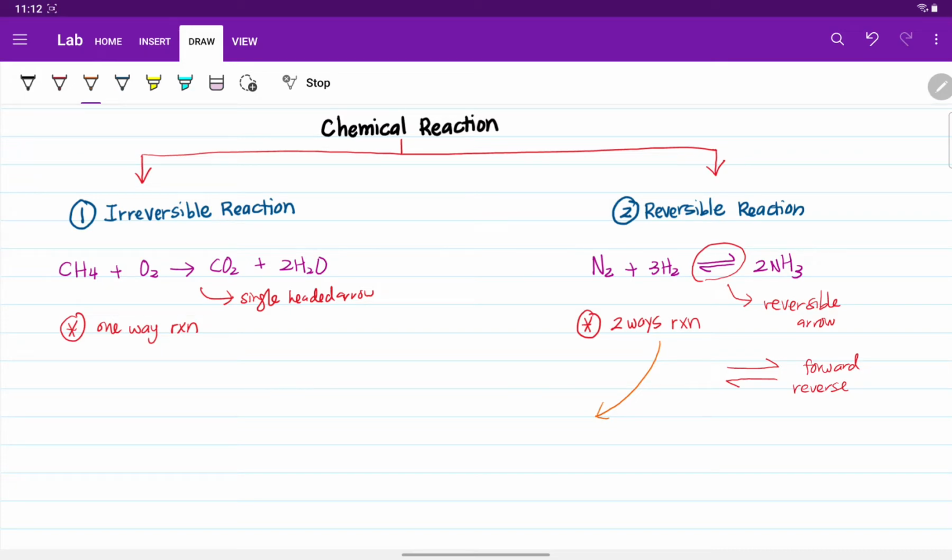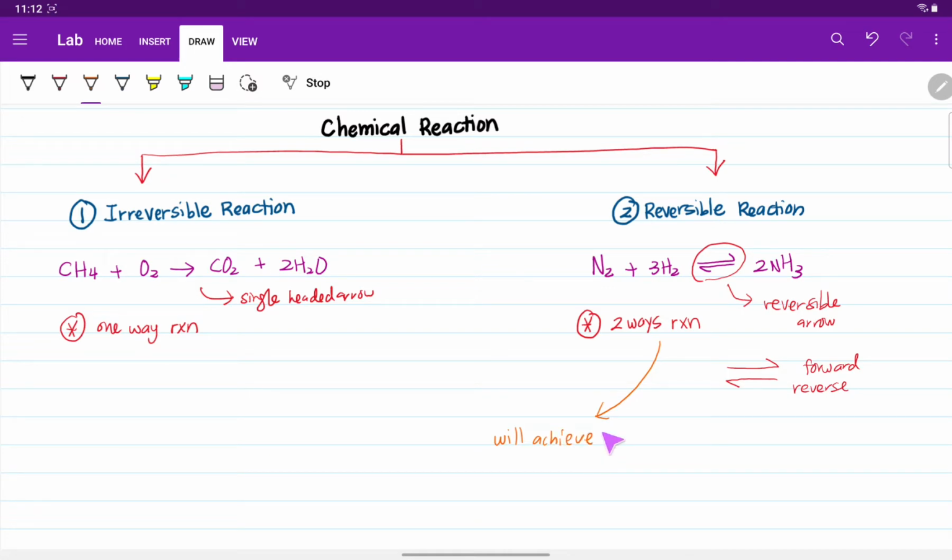Pada satu masa forward reaction akan jadi banyak, tapi macam mana kita nak tahu adakah kita akan terus hasilkan NH3 dan bila masa NH3 ni akan hasilkan N2 dengan H2. So like I mentioned before, the forward and reverse reactions occur simultaneously dan sampai satu tahap, dia akan achieve something.